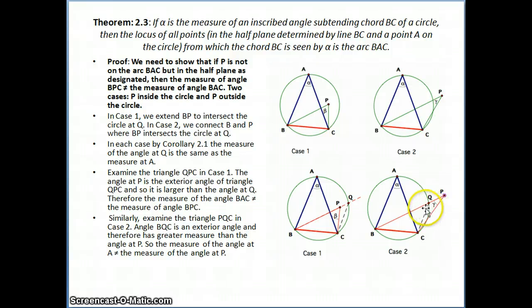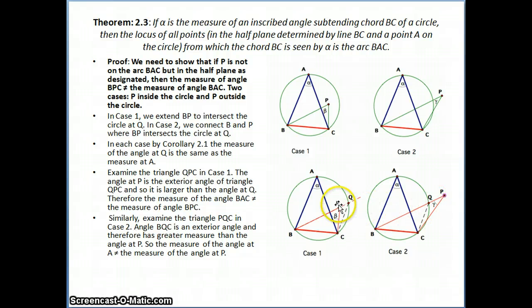These two inscribed angles both intercept the same arc BC, so they are congruent. BQC is also the exterior angle of this triangle PQC, and the exterior angle is always greater than the remote interior angle gamma. So the angle at Q is bigger than gamma, but the angle at Q is the same as alpha. So the angle BQC is greater than gamma, which means alpha is greater than gamma.